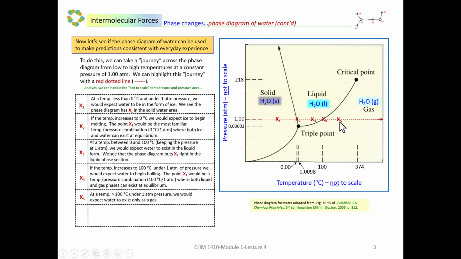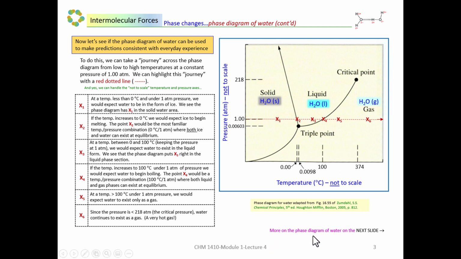If we continued heating and say raise the temperature even above the critical temperature here, you might ask, well, what's going to happen there? Well, according to the diagram, the water stays in the gas phase, and what we really have is just some very hot gaseous water.